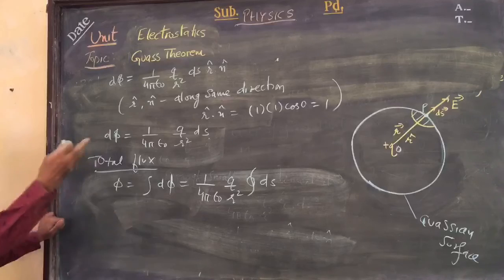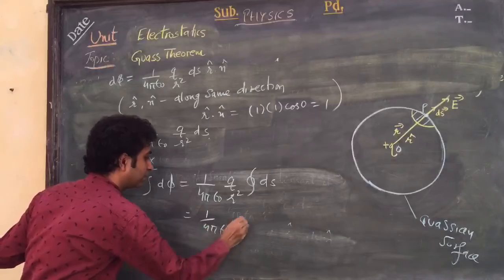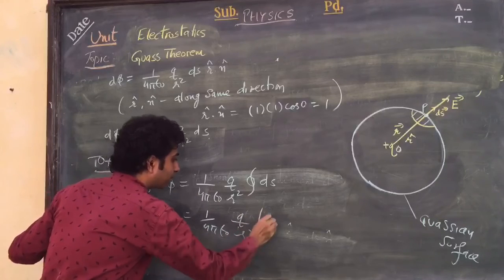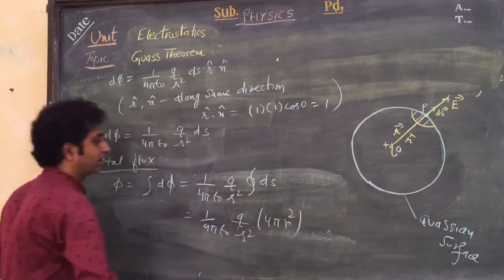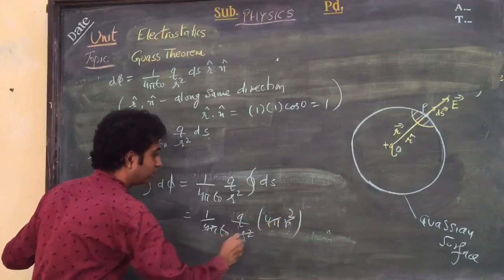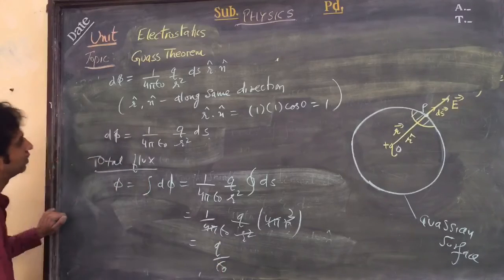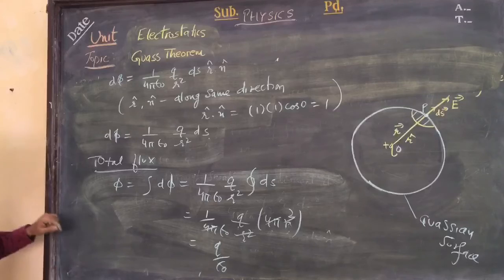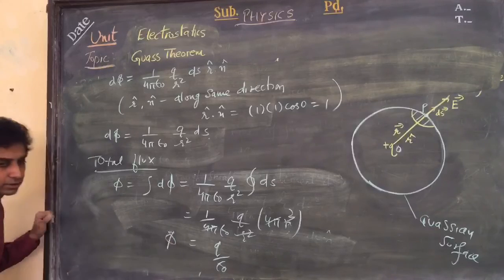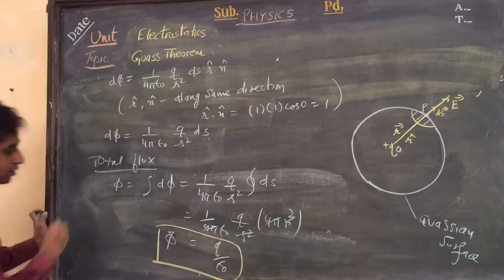And this is a sphere, so integration of dS comes out to be 4 pi r square, the surface area of the sphere. After cancellation, you will get Q by epsilon naught. So we get phi equal to Q by epsilon naught. This is the basic relation of Gauss theorem.